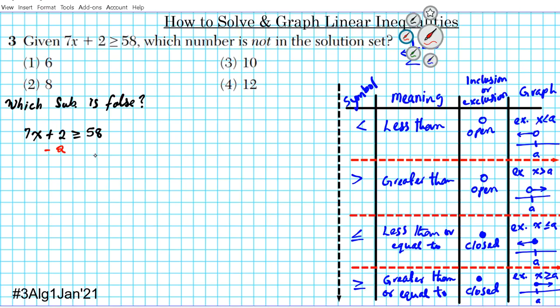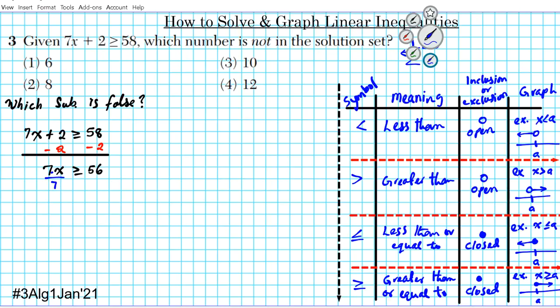So you subtract 2 from both sides, and that yields 7x ≥ 56. It's just like solving a regular linear equation. Next, to get x isolated, the operation that binds 7 and x is multiplication, so we use the inverse, which is division.